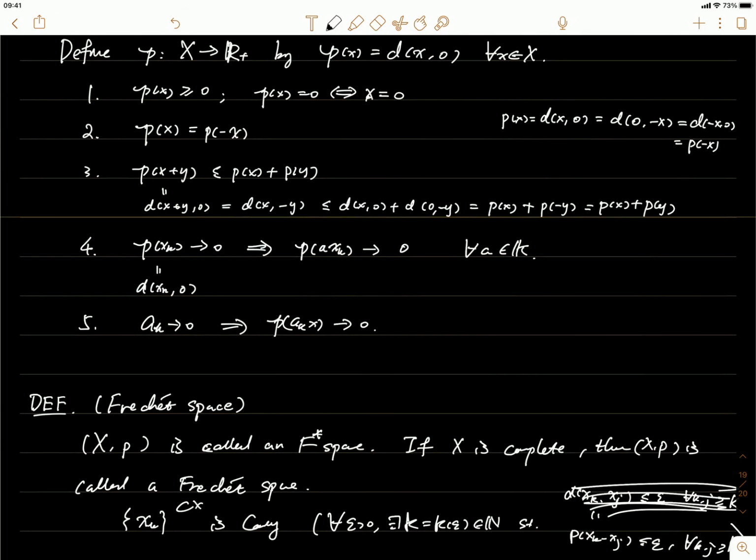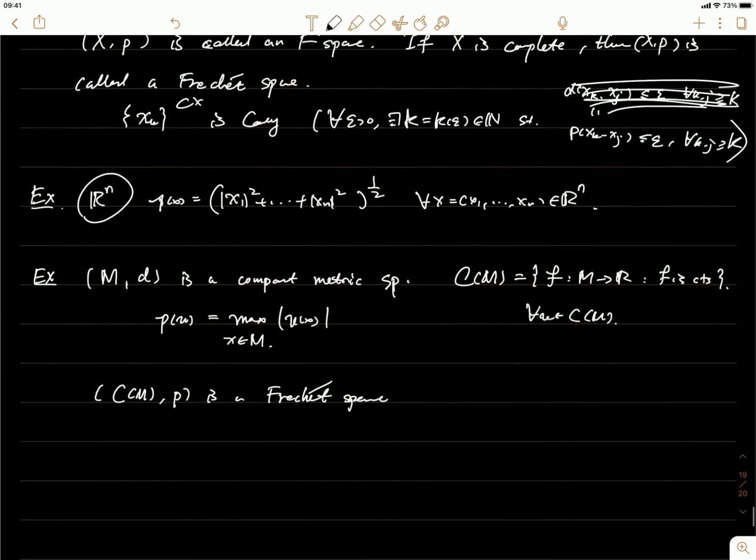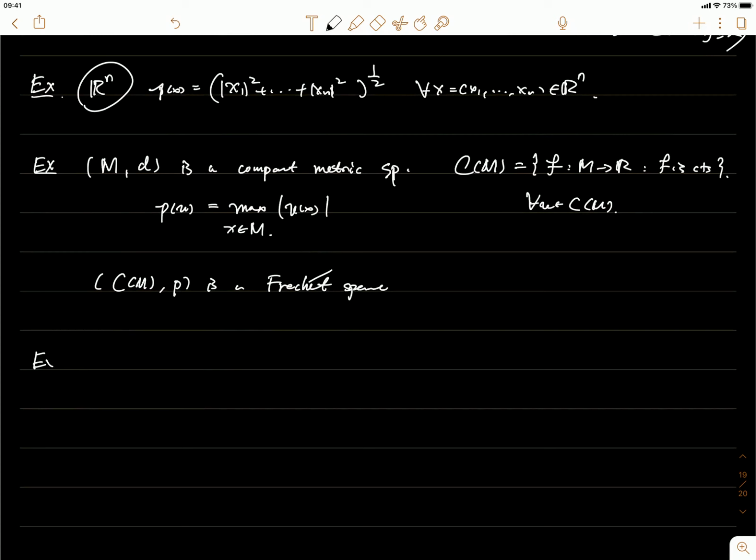And in this case, we can actually see an example where the Fréchet space could be meaningful or useful in some conditions. So this example is going to be this.